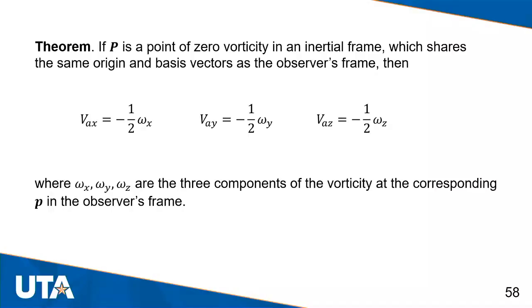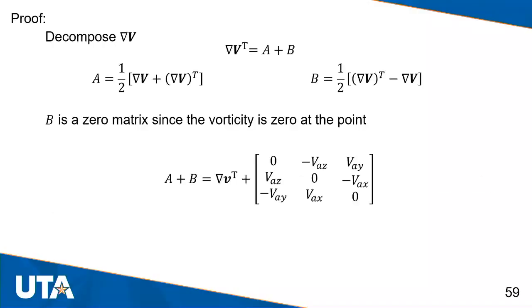So let me first prove this theorem. We can decompose the velocity gradient into a symmetric part A and an anti-symmetric part B. B is a zero matrix because we give the condition of zero vorticity, right? B is the vorticity matrix, so B should be 0.